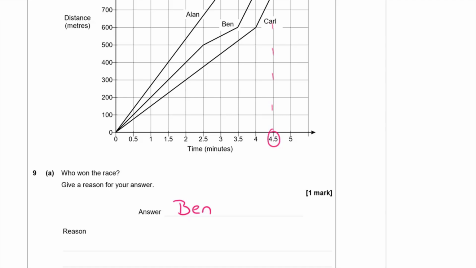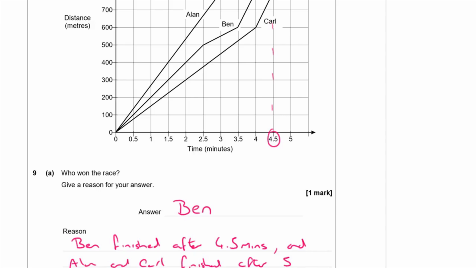Because Ben finished after 4.5 minutes and Alan and Carl finished after 5 minutes.